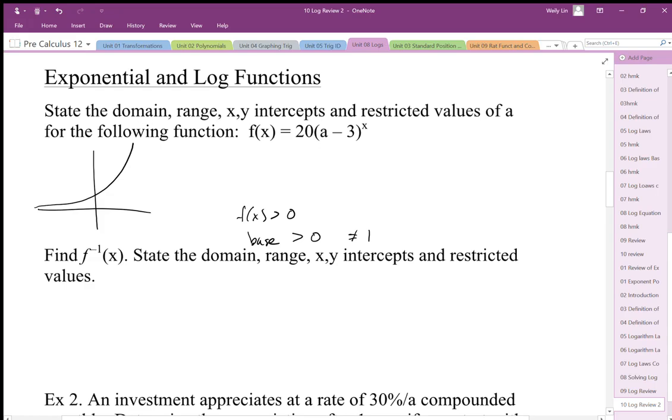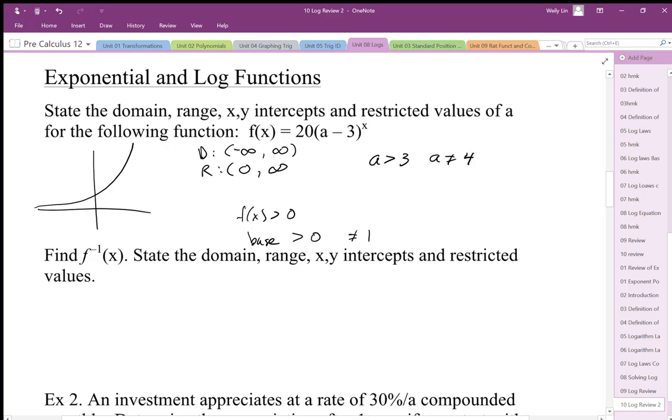So if we write our domain more formally, the domain is from negative infinity to positive infinity, and the range is from 0 to infinity. Okay, we have restricted values for our base, so in this case here, a must be greater than 3 and a not equal to 4.